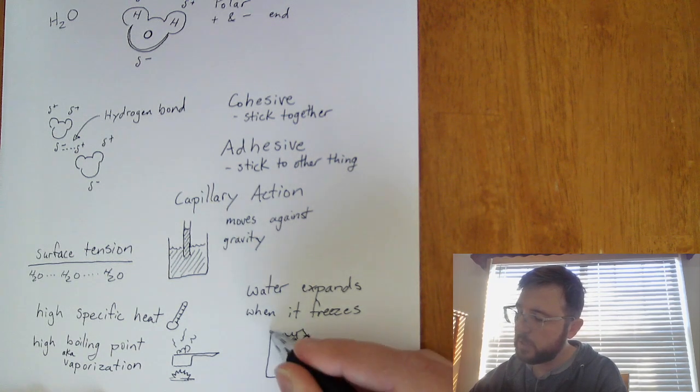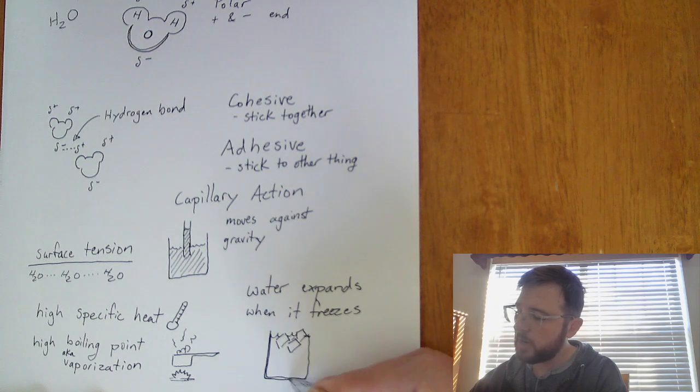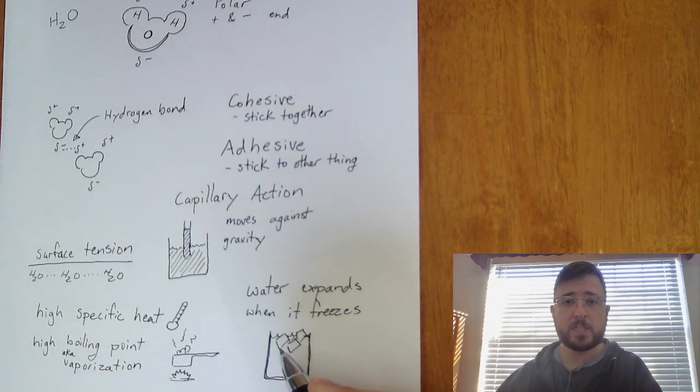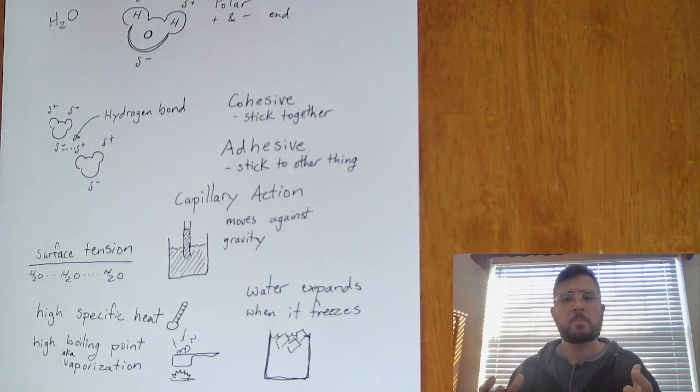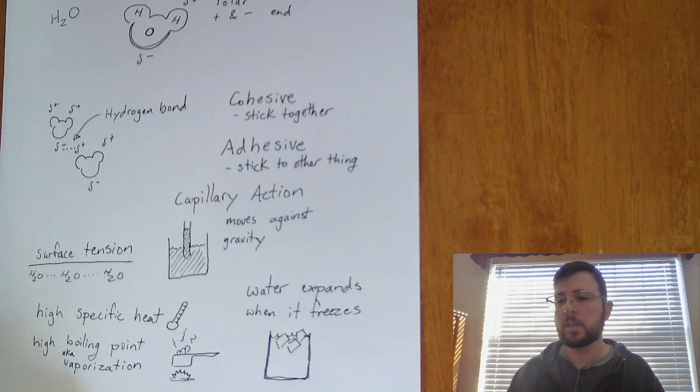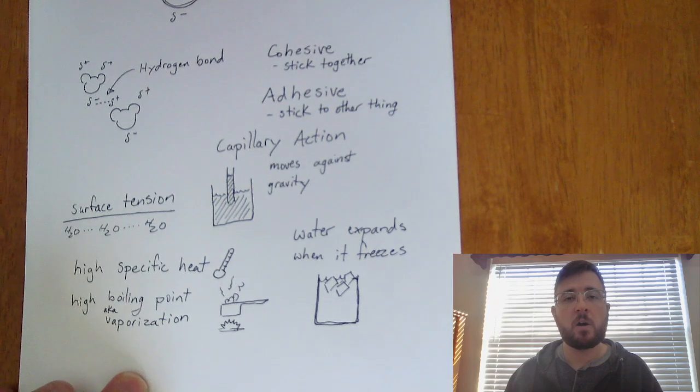They float on the water, and they're able to do that because when they freeze, they expand, becoming less dense than the water that they are around.